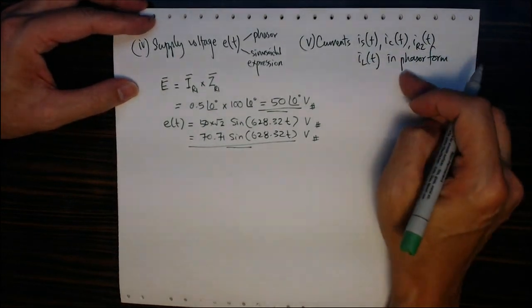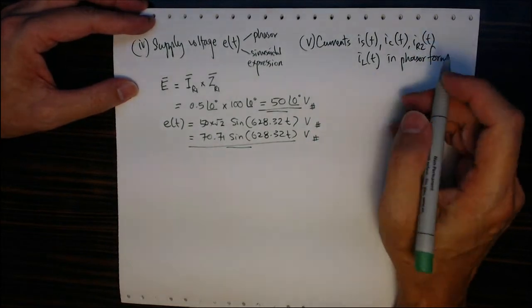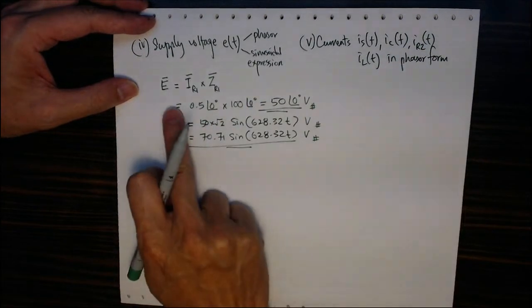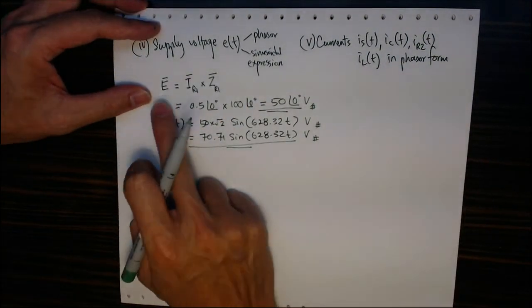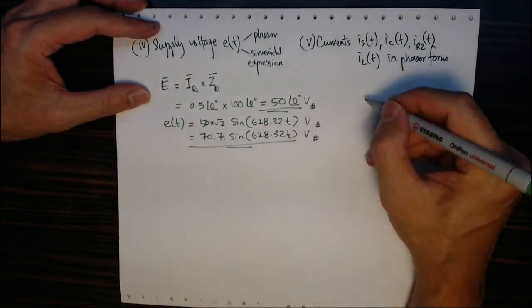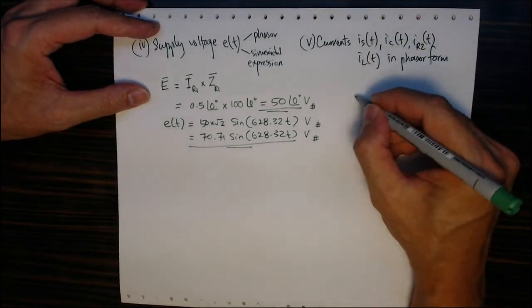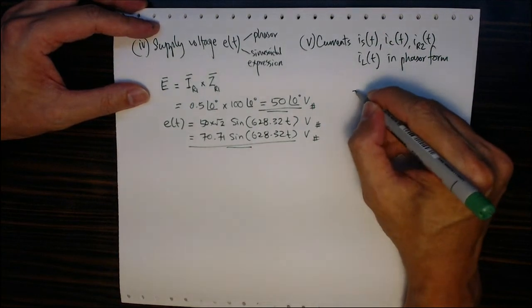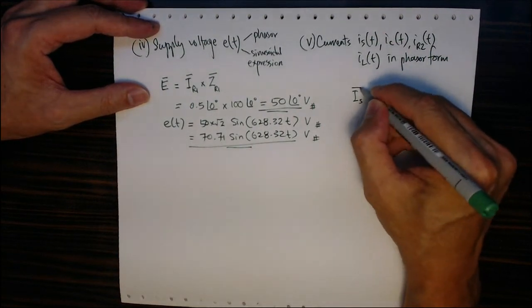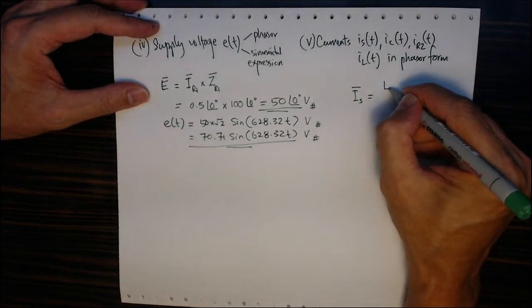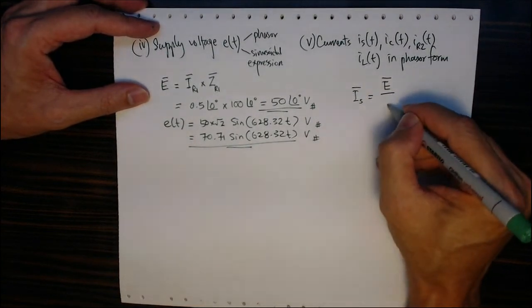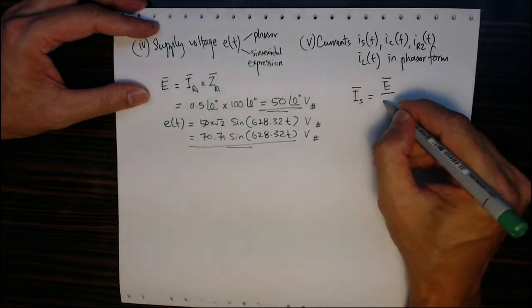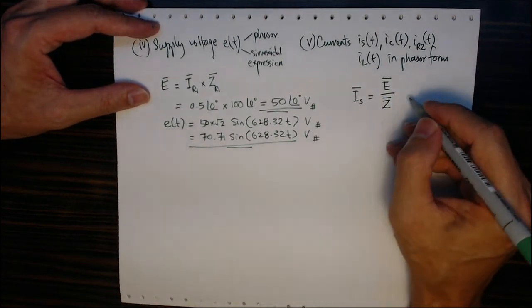For the current waveform, if we look at the circuit, I can calculate my current waveforms by making use of my voltage input. For example, current IS in phasor form. IS is equal to E upon the total impedance Z, which we calculated earlier.